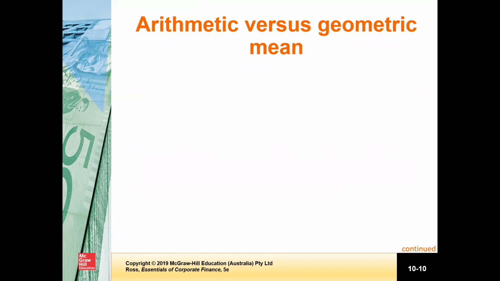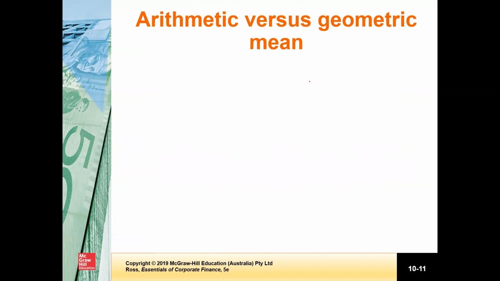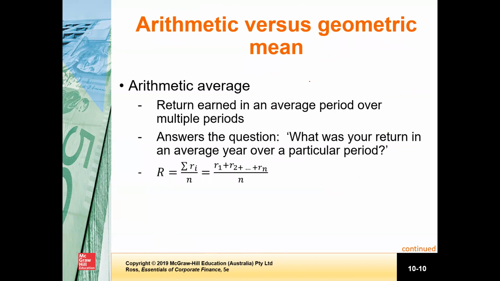Now let's talk a little more about the rate of return. Thus far we have looked at simple average return. So we said that average return is simply summing up the periodic returns and dividing by the number of observations. That is called the arithmetic average.